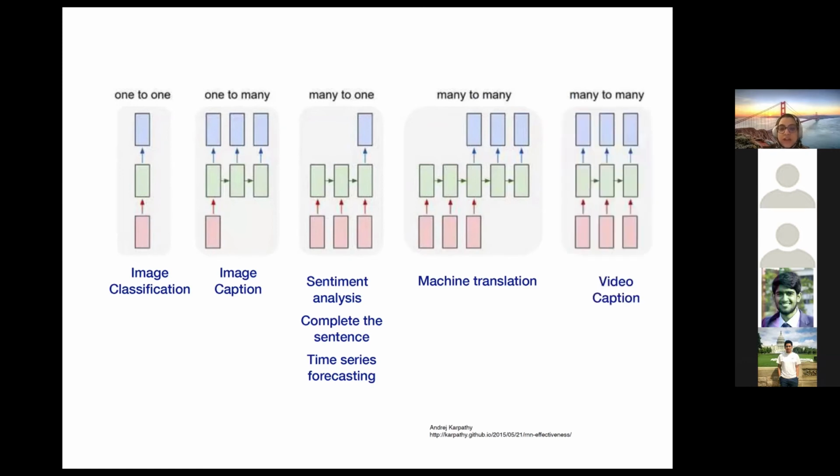We also can have many-to-many, where you have a video and for every single frame you want to produce an output, and you would do something similar. Given what we have so far from recurrent neural networks and convolution neural networks, we can basically perform all of these tasks: one-to-one, one-to-many, many-to-one, and so on.